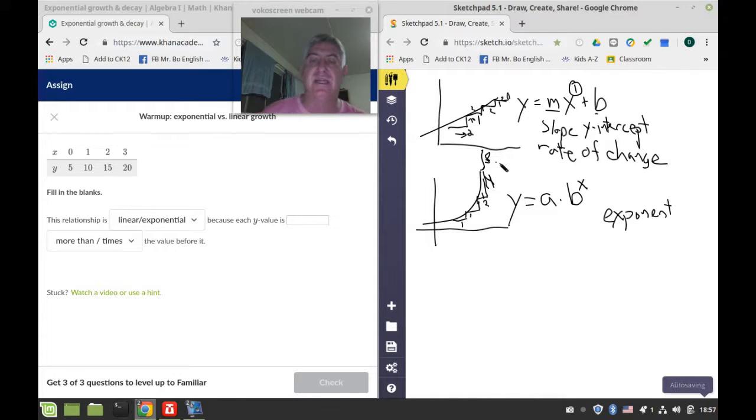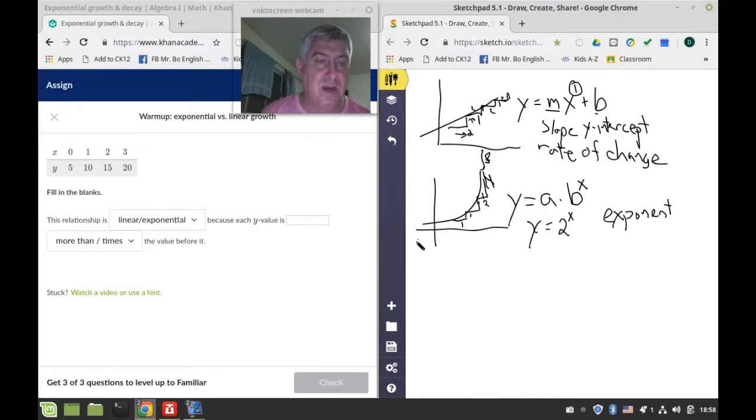It'll keep doubling like that, times 2, times 2. When we are looking to see whether something is linear or exponential, we look at the differences. If the rate of change is constant, it's linear. If the rate of change keeps multiplying by the same number, it's a geometric sequence, and it's going to be an exponential function.